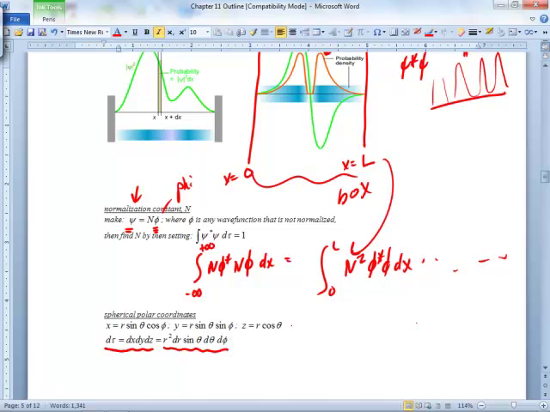For r, it goes from 0 all the way out to infinity. Theta goes from 0 to pi. And phi goes from 0 to 2 pi. So those would be the limits on our integrals.